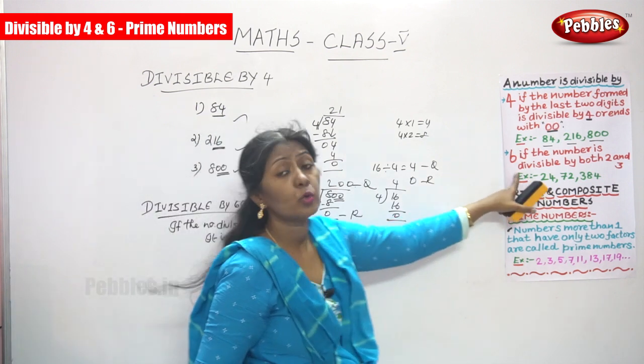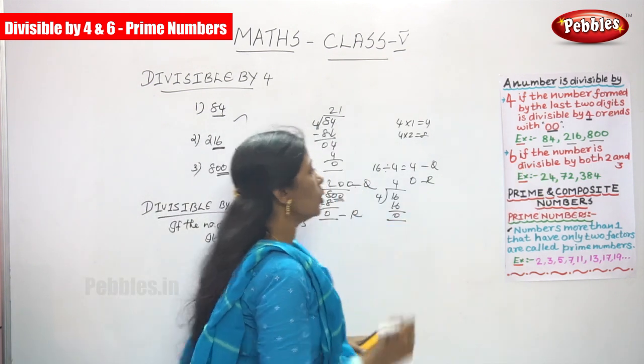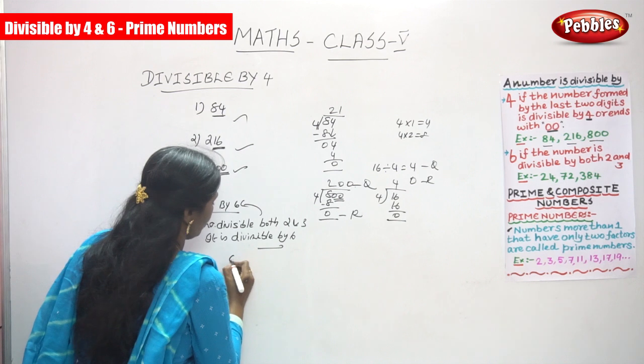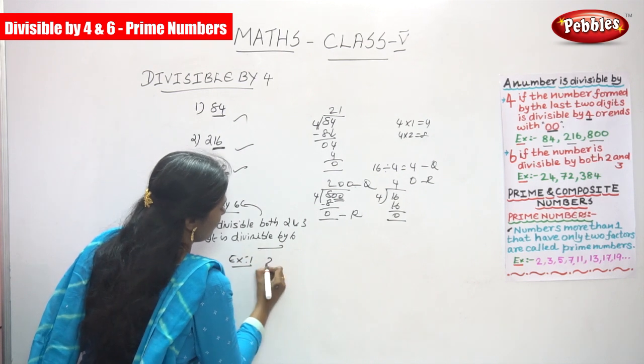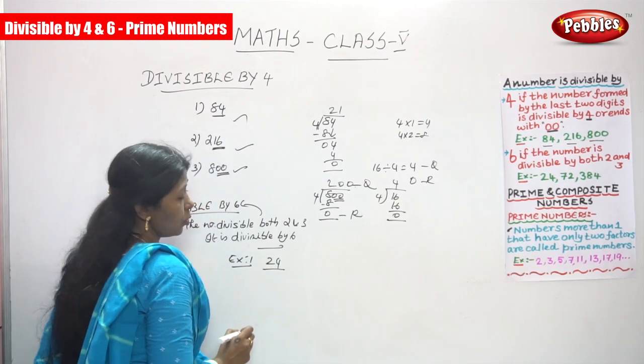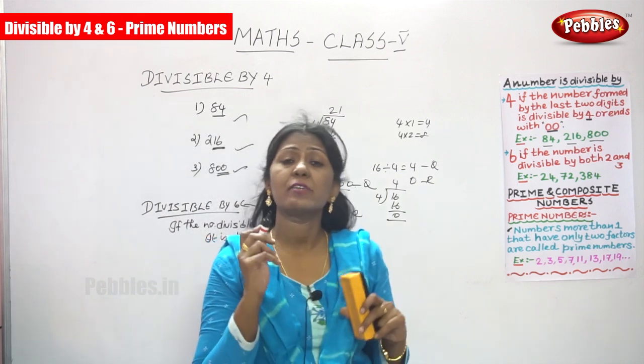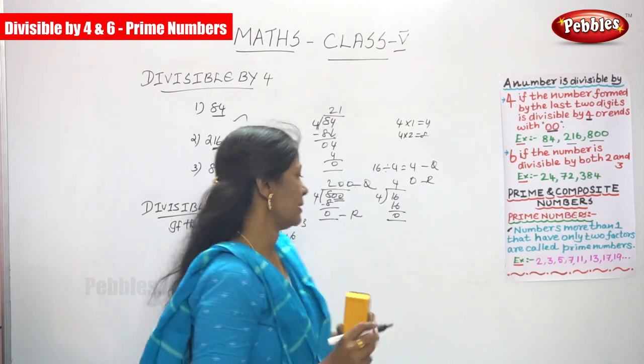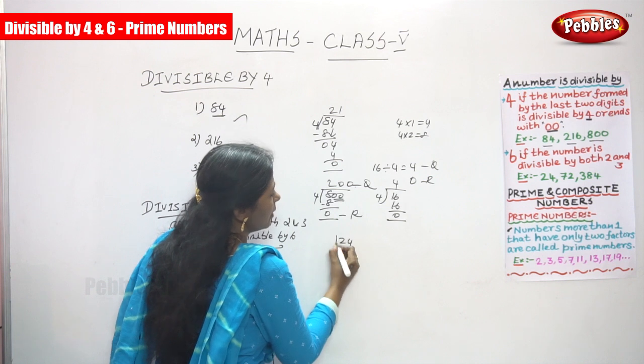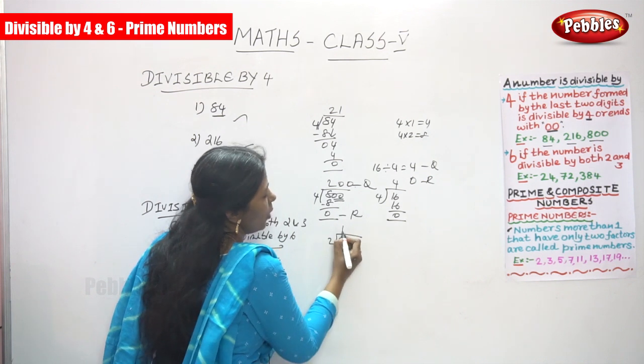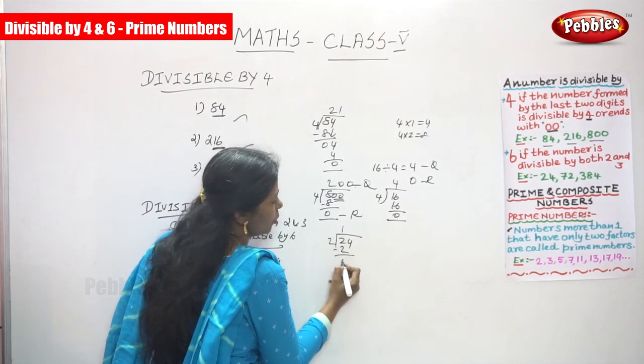That is the rule we are going to satisfy. Look at the first example, 24. Is 24 divisible by 2? Yes, it is divisible by 2. Check the number 24: 1 two is 2, 2 minus 2 gives 0.